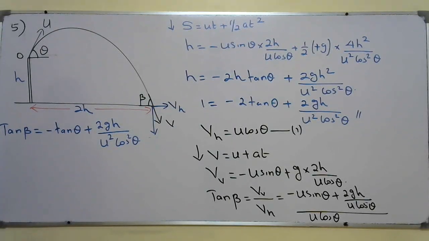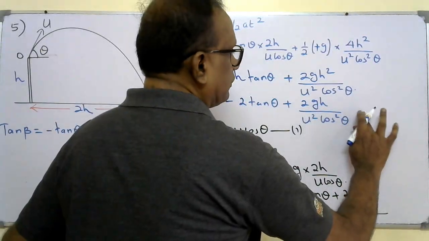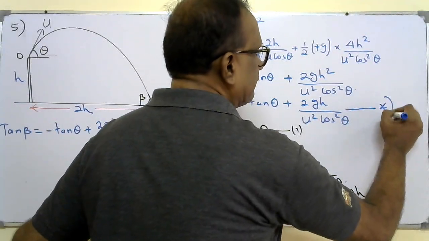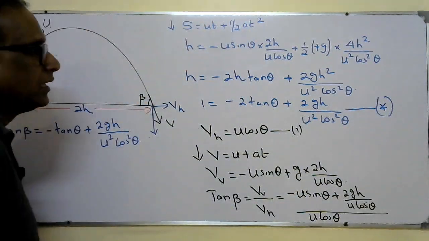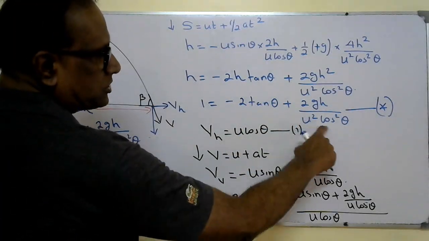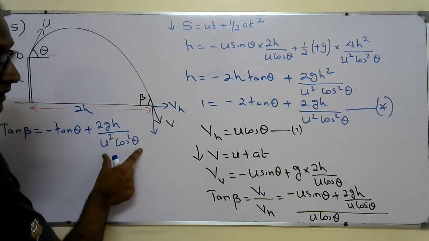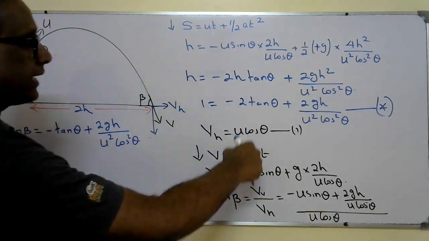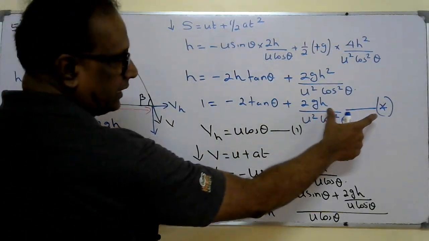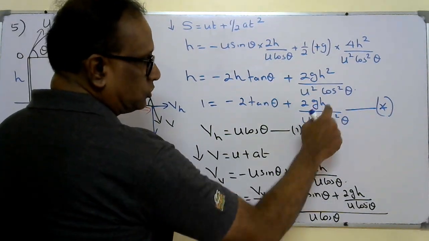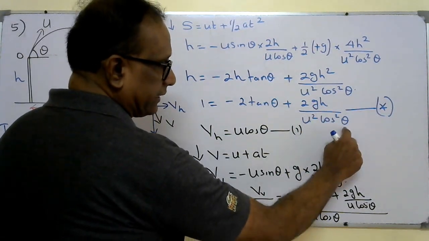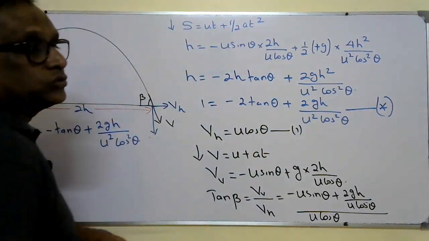Now, what to do? We got this one here. I said we might use this because they are given this information. From the starred equation, 2gh over u squared cos squared theta is equal to 1 plus 2 tan theta.